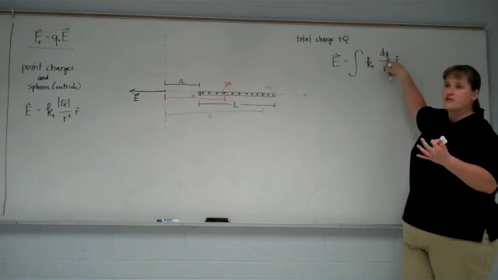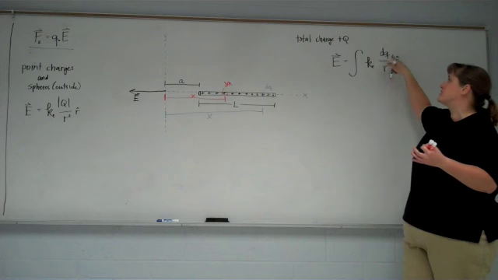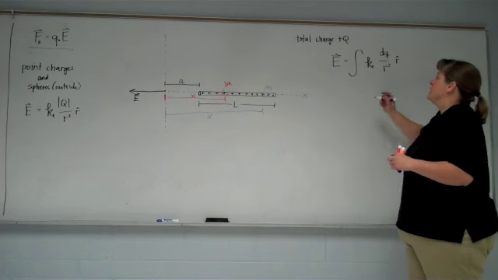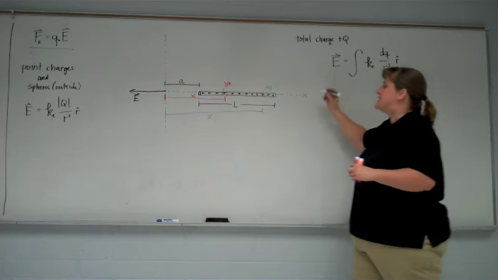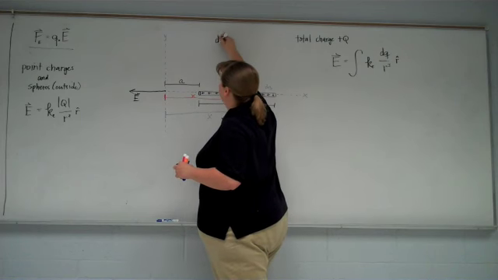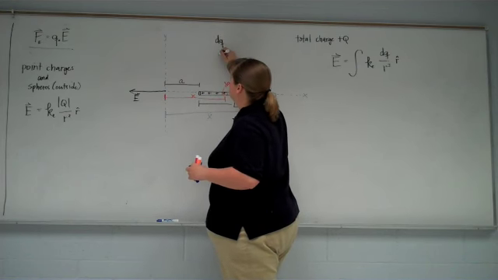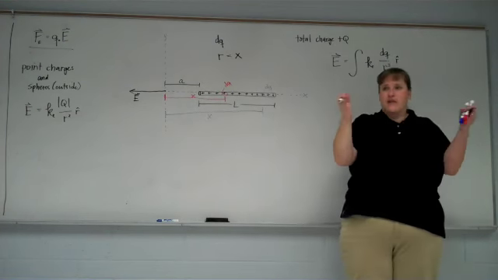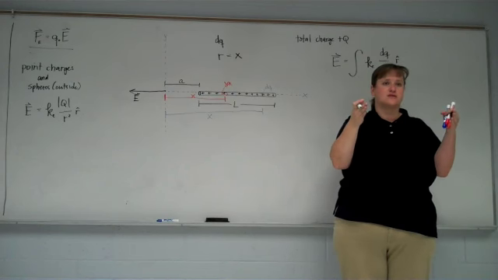That's not valid. If you want to have x be your variable, you need to have a dx in there in order to integrate. So we need to figure out what dq is in terms of dx. r, we already know, is x. It's however far from the origin to the point we're interested in.